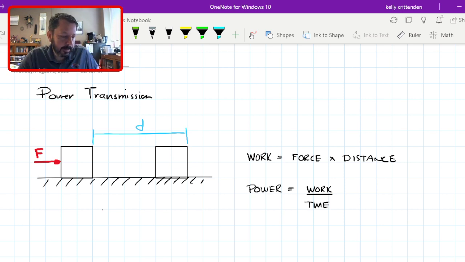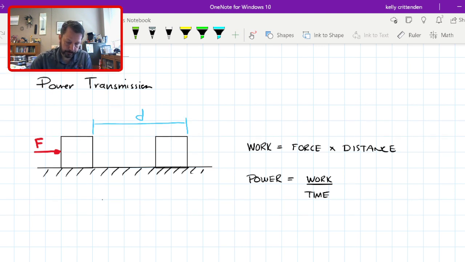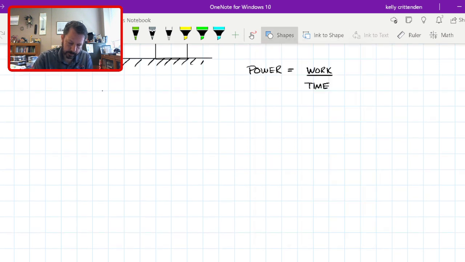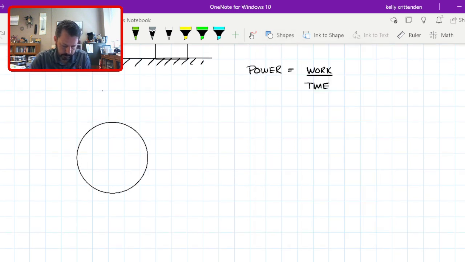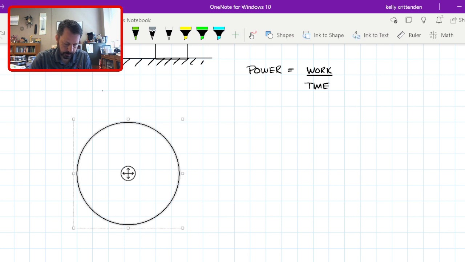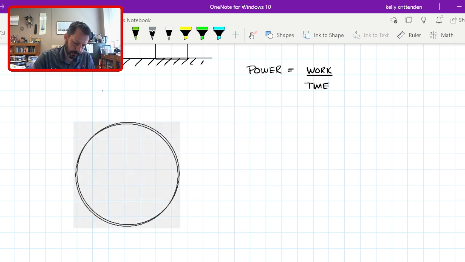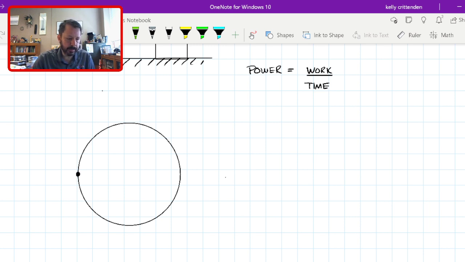The only thing is that we're not sliding a box on a frictionless surface here. We're rotating a shaft. So let's look at this same idea, but applied to a circular shaft. Let's get a big circle. This will be some point on the circle, and we're going to apply a force to it.